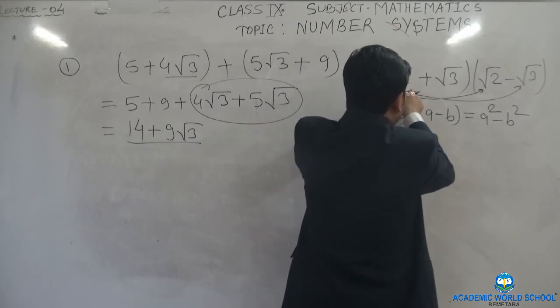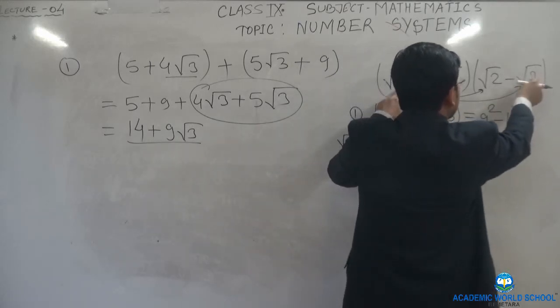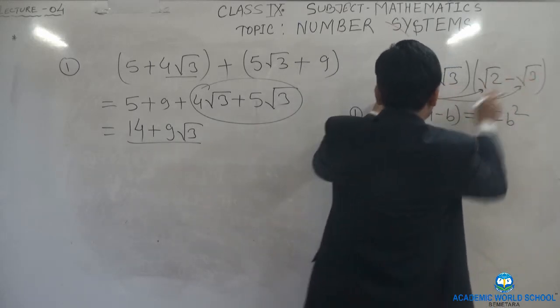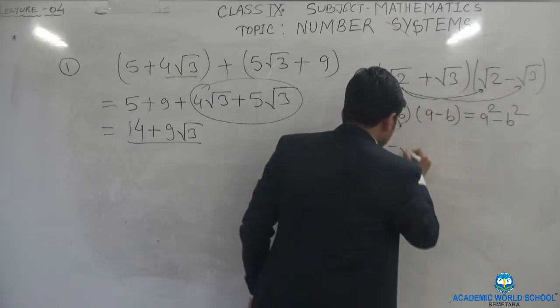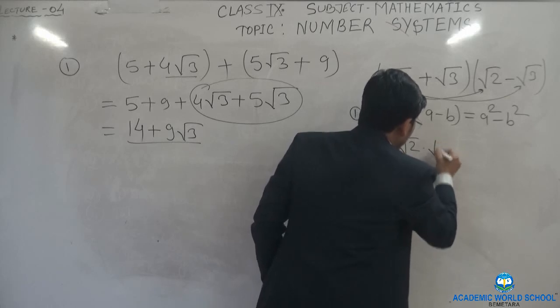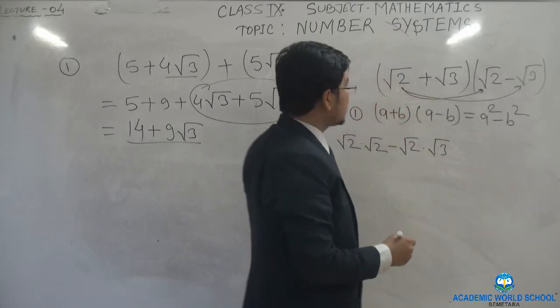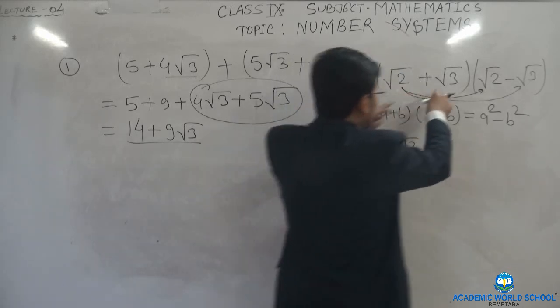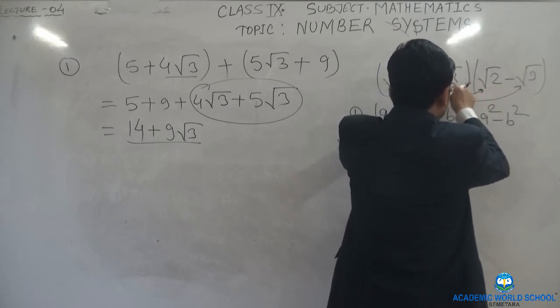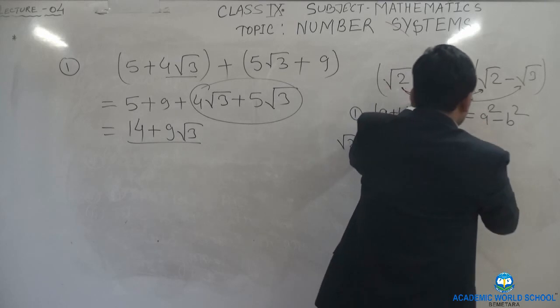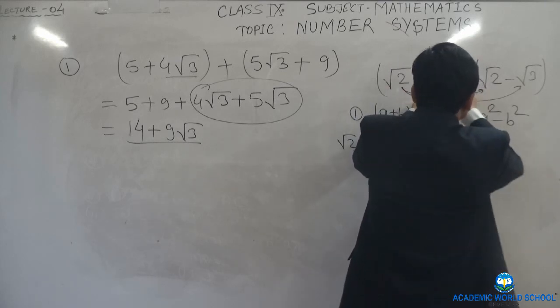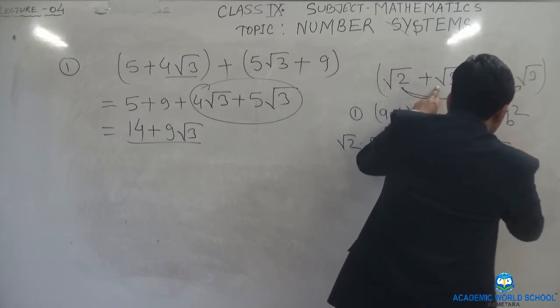Now this root 2 will multiply this, so this will be minus sign. This is root 2 into root 3. Now this will multiply, so this is plus, plus root 3 into root 2.